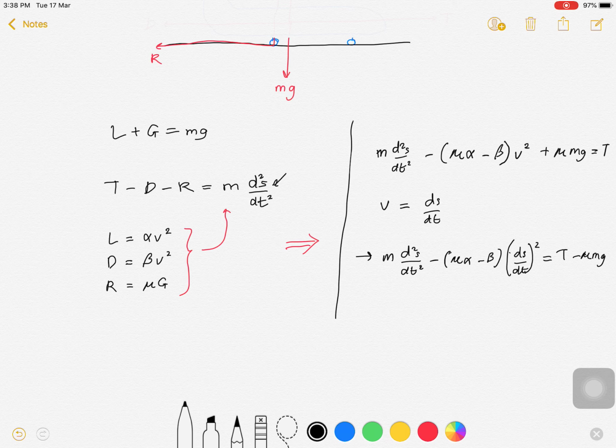Alright, I think we can stop right there, and we assume that this is the equation for this problem.